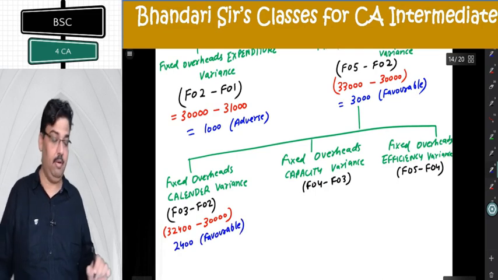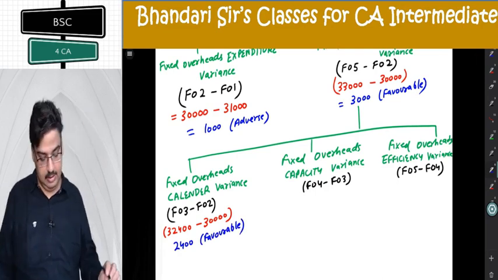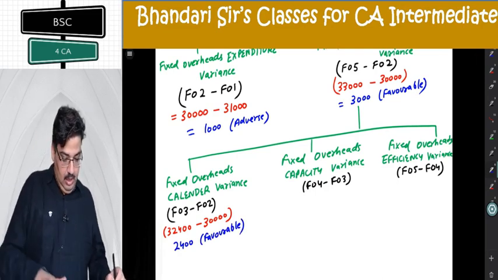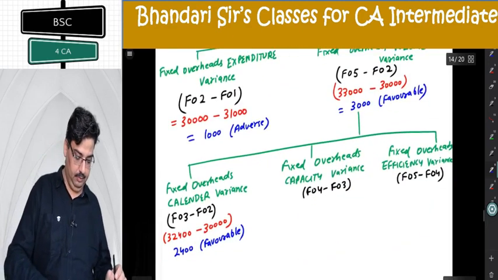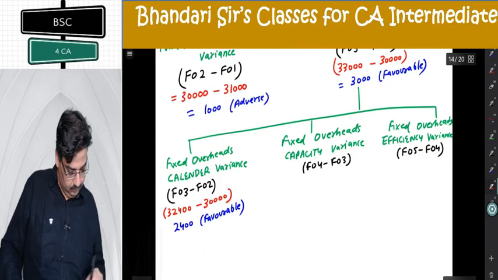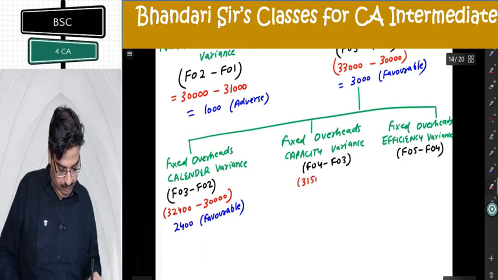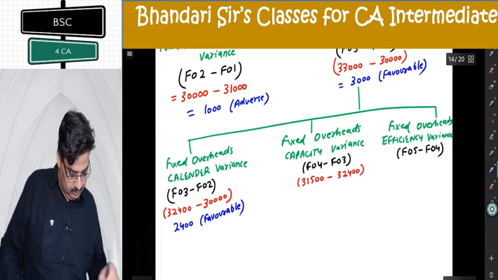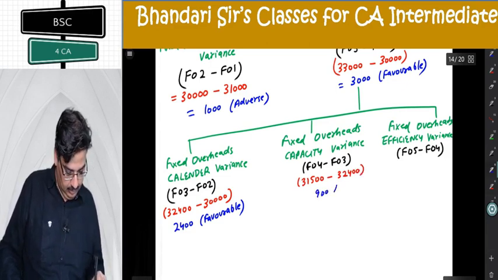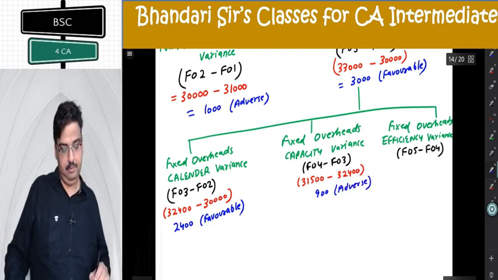If you don't write favorable or adverse, you will not get any marks in the exam. FO4 was 31,500. 31,500 minus 32,400. This is 900 adverse.